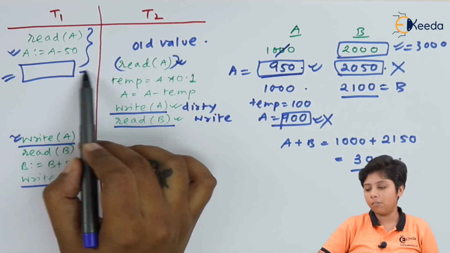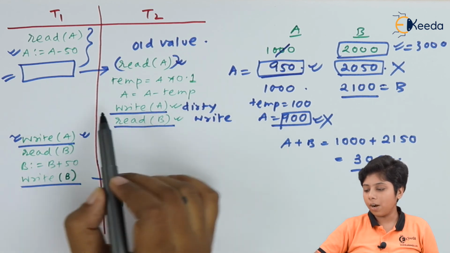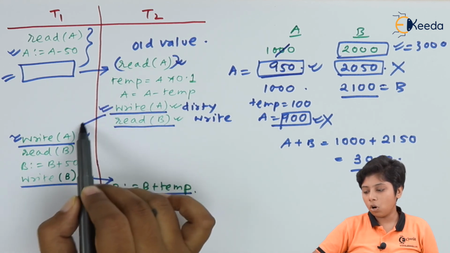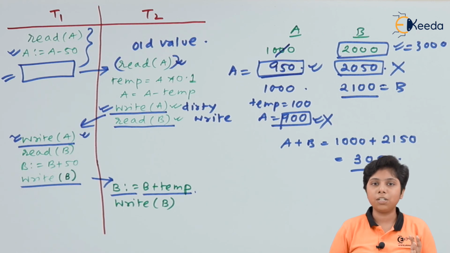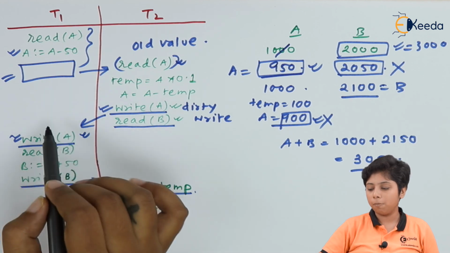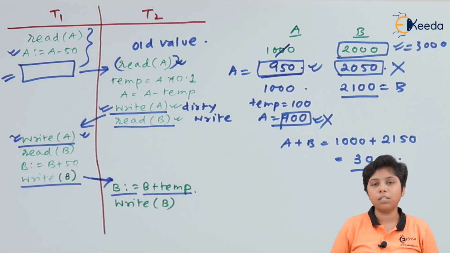We are just reading the old value on T2. Now we are writing the value of A, not again reading it. That means the first one we have not saved, and the second one we have not read. So these are the problems that we face with T1, T2, and again T1 on T2. So now we are having this type of problem which leads to an inconsistent state within a schedule made of a concurrent execution.